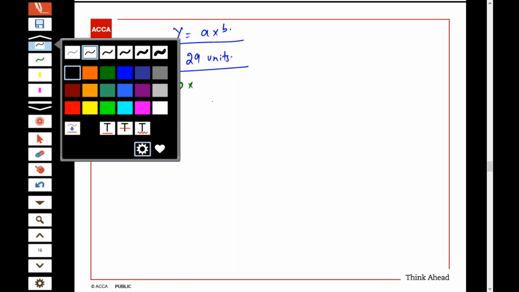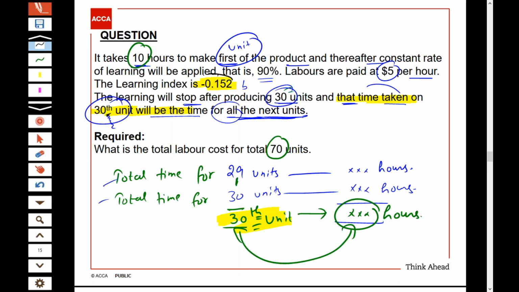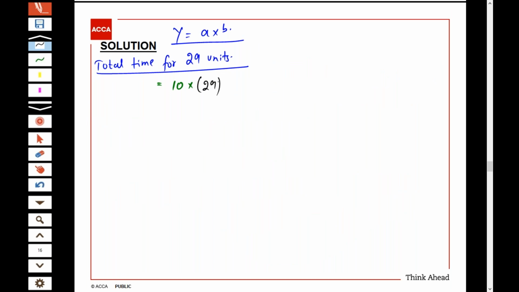The units are 29. What was the value of B? Minus 0.152. Now see, this is the figure which is the average time per unit, and I need the total time. So for total, I need to multiply it by 29.